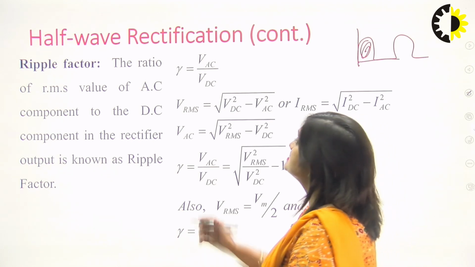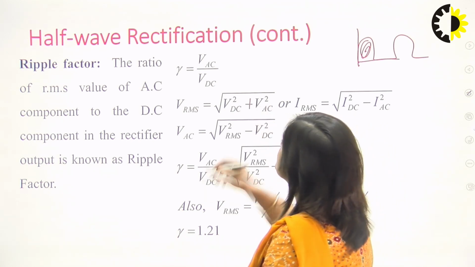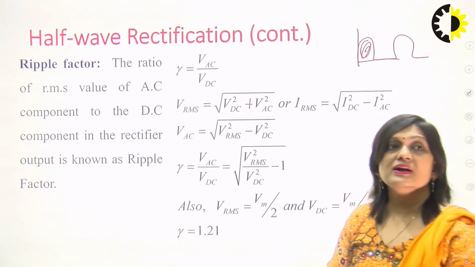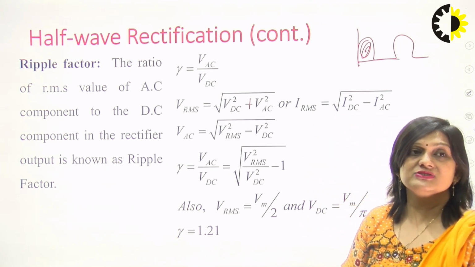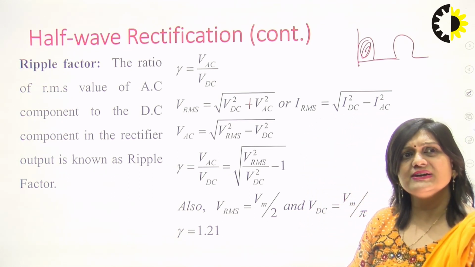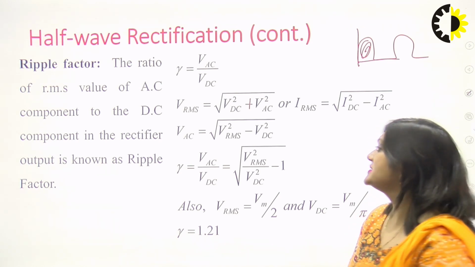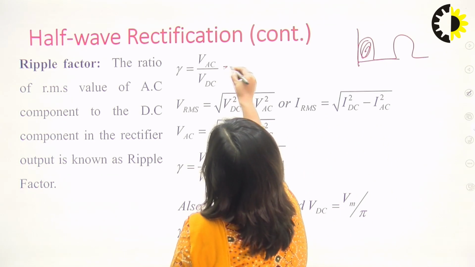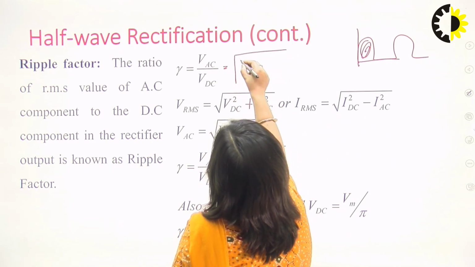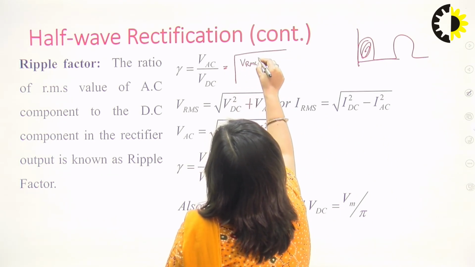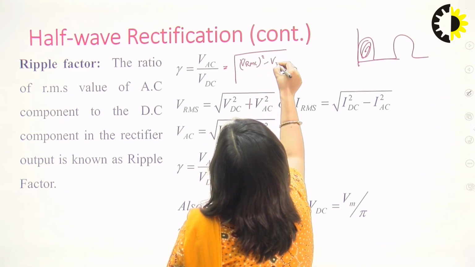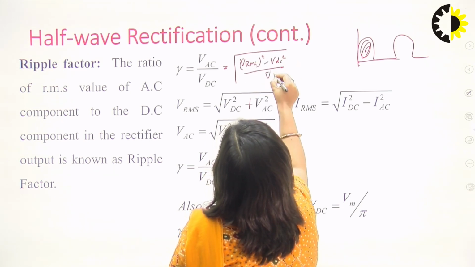So VRMS square is equal to VDC square plus VAC square. So VAC square is equal to VRMS square minus VDC square. So we can place here the value of VAC, we can put it as VRMS whole square minus VDC whole square upon VDC whole square.